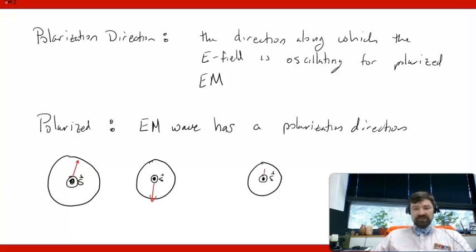So if I have measurable E fields along all of these directions, this means that it's not polarized. If I'm measuring fields like this that are 180 degrees opposite each other, this counts as polarized. So this is my E field, this is my E field, this is my E field. And we have polarized, polarized, and this is not polarized.